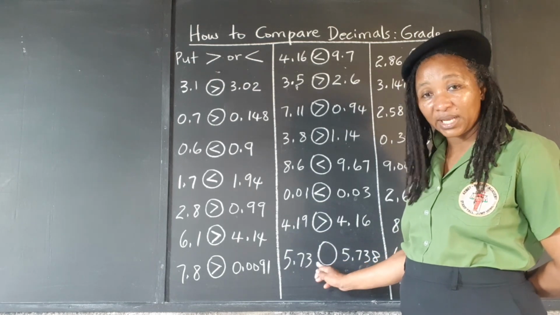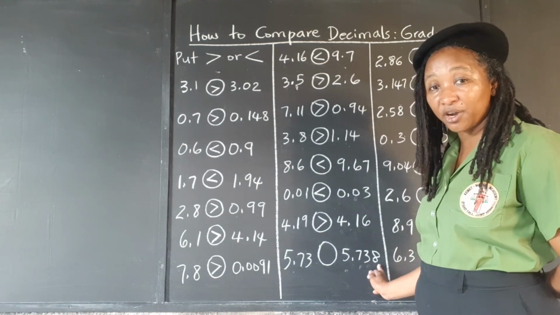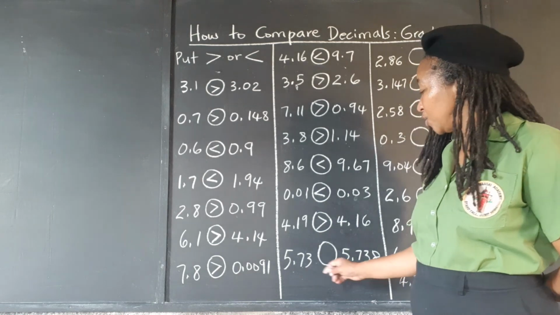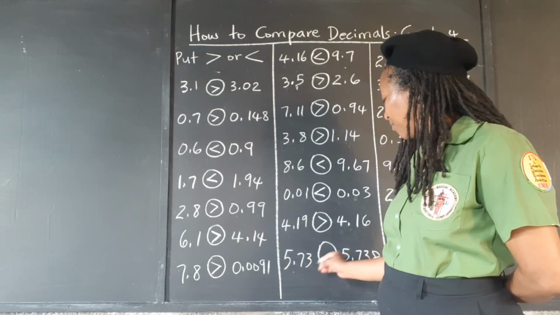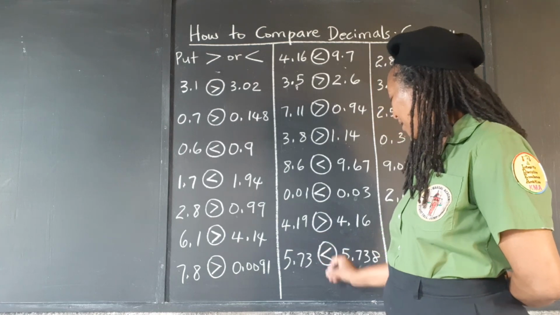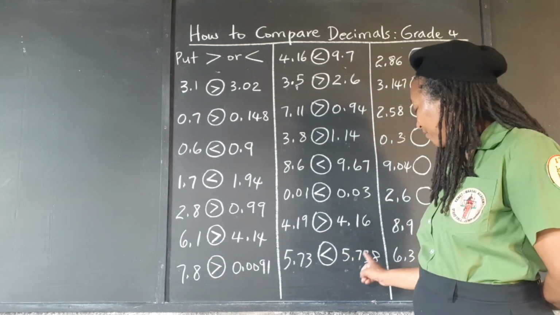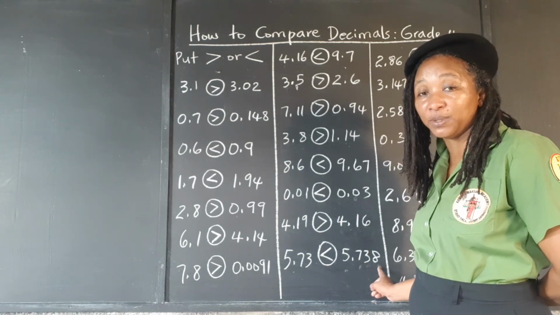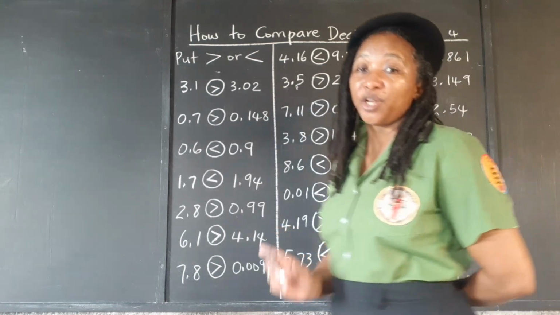But there is actually a 0 here and there is an 8 here. 8 is bigger than 0. This is the bigger number. So reading from the left, we'd say 5.73 is less than 5.738. This has an additional 8,000 onto it. So we're done with that batch.